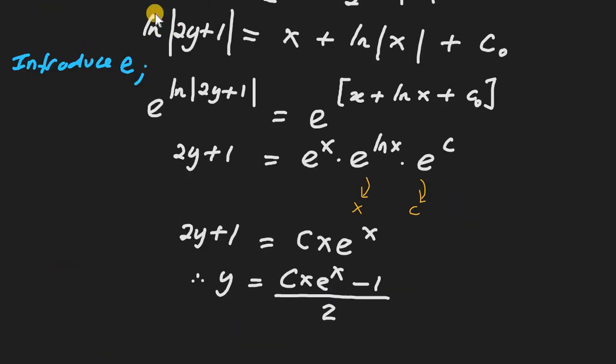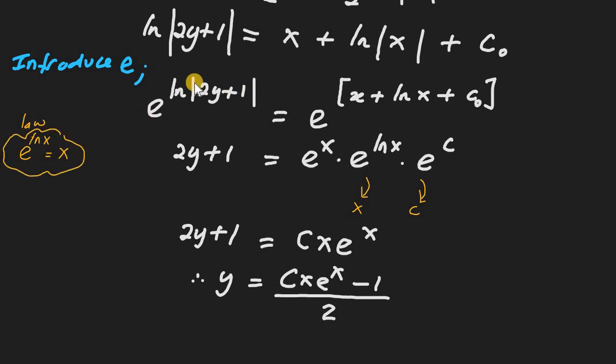So to continue, we need to use the property of a log. Introduce e on both sides. So e power ln of this is this itself. We're using the law of the log: e power ln x is x itself.